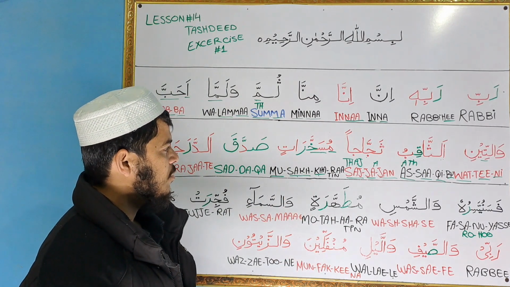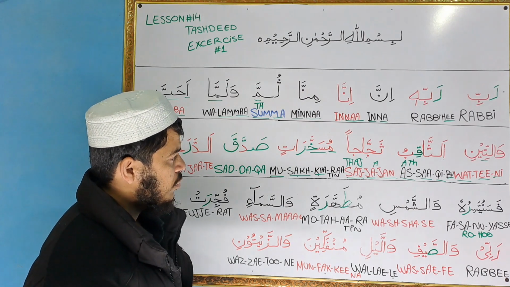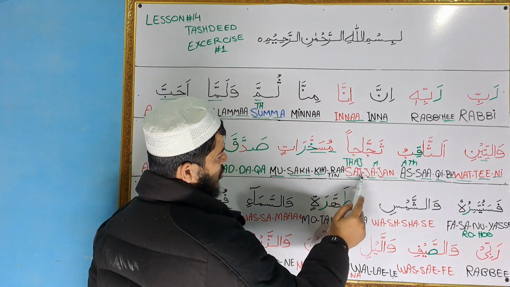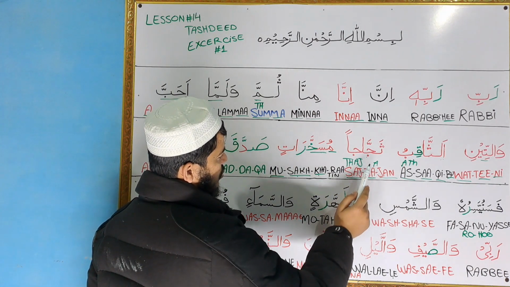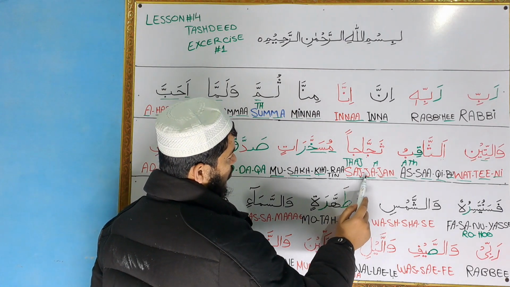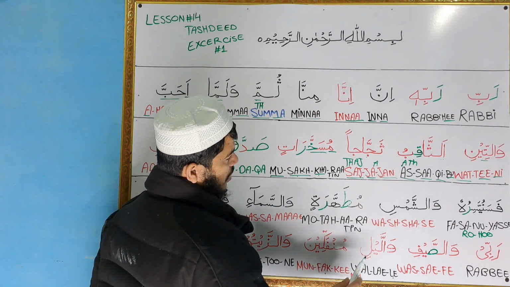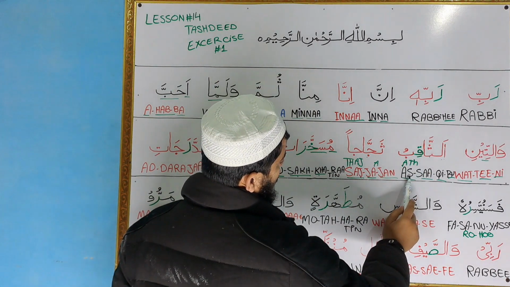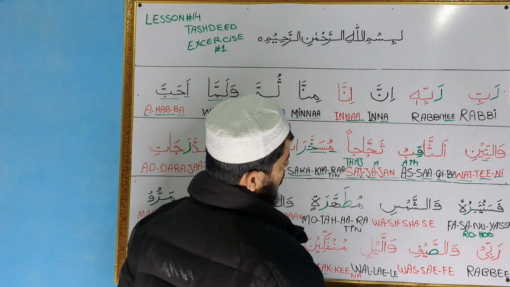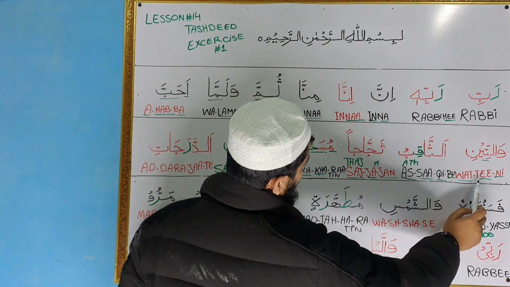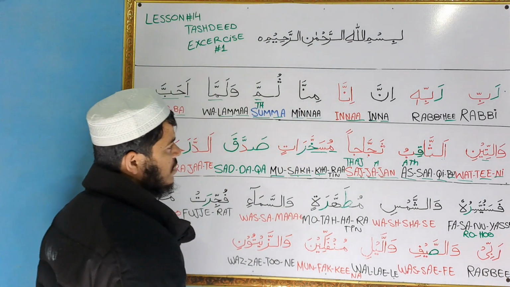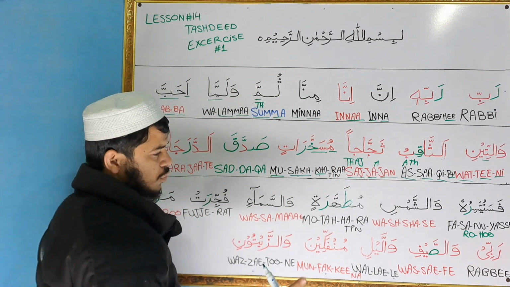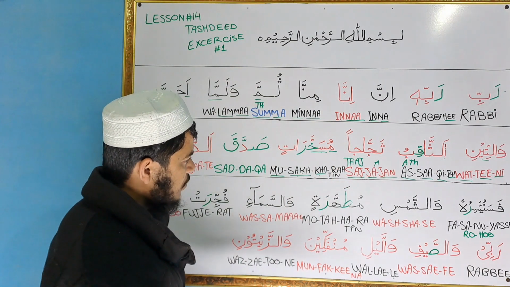So any letter that comes with shadda, just like the J is having shadda, so the J sound is representing this jim, so we will put two J sounds. Each time you see this, the letter sa is represented by S, so we are putting two S sounds. Ta is having shadda, so we will put two T sounds. Each time you see any letter with shadda, we are going to use two sounds of that letter.